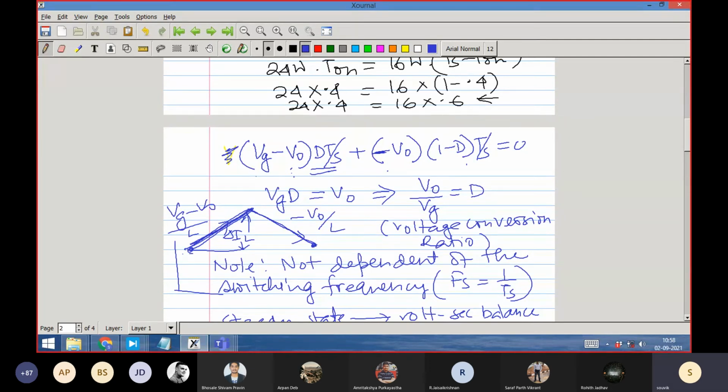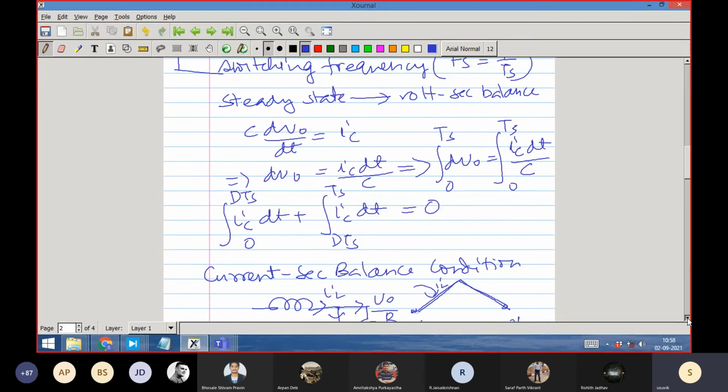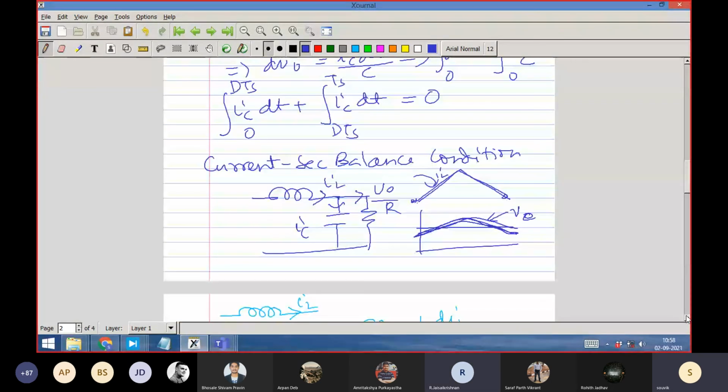Current is changing here. So that small change in current is also producing a small change in the capacitor current. So you see that directly applying this condition is slightly difficult, because I cannot find it unless I find the IL waveform. So normally the steady state condition is not derived from the capacitor current-second balance.